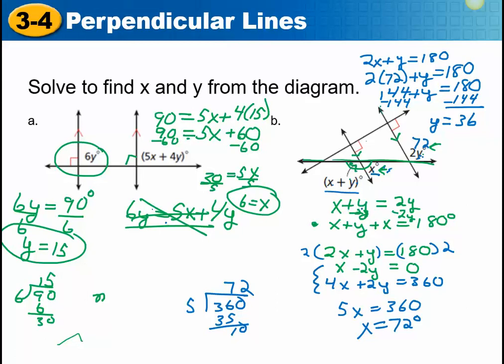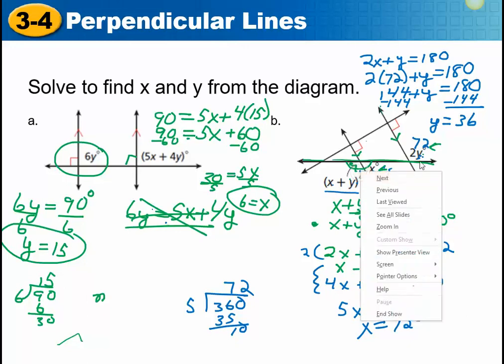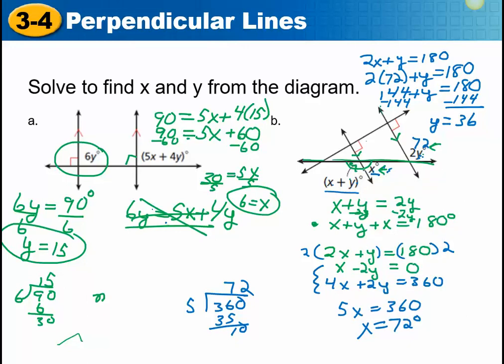X plus y equals 2y. Yeah, these are alternate exterior angles, right? So I'm trying to find my mistake because my answer doesn't make sense.